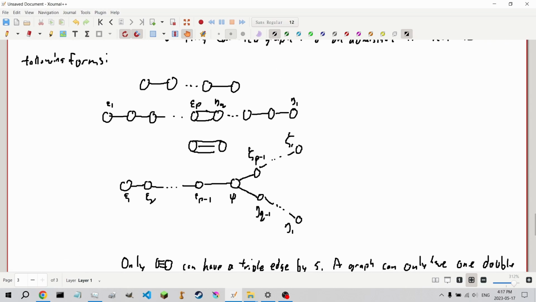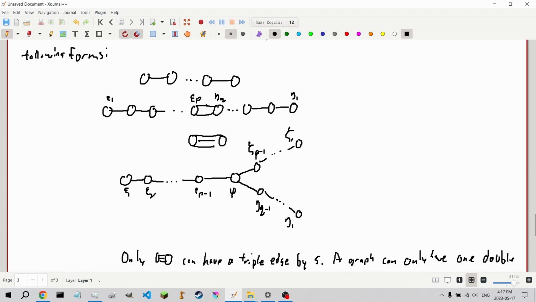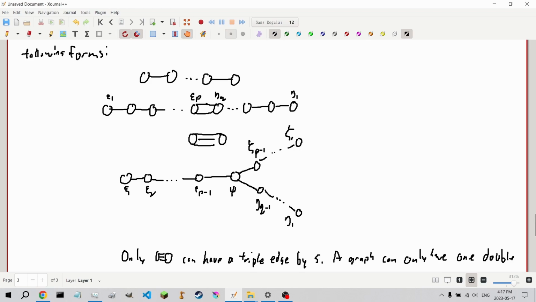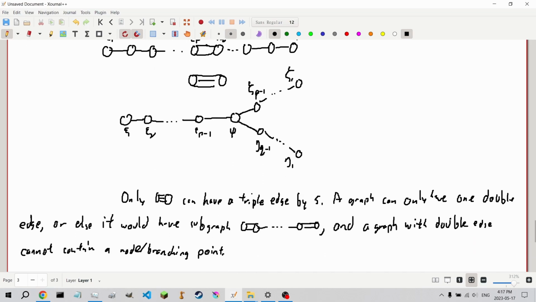Which means the only case of double edge is the second case, and the only case of the branch is the fourth. Oh, no, we don't have that yet. So only the second case can have a double edge.